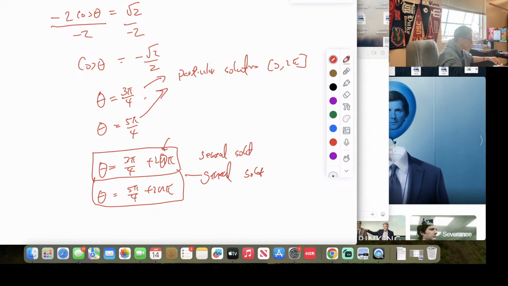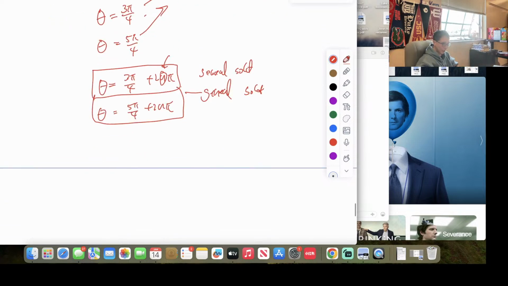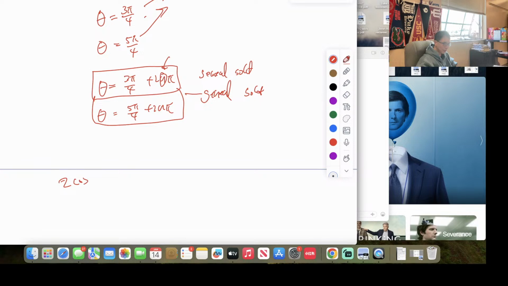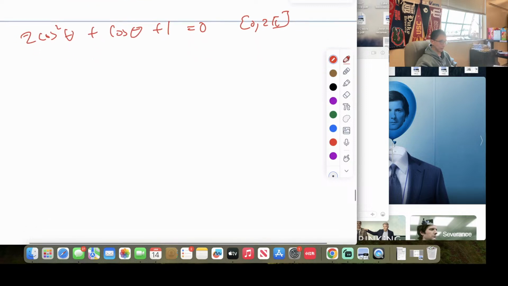So solving the equation right here, right? 2 cosine squared of theta plus cosine of theta plus 1 equal to 0, and I want it between 0 to 2 pi. Let me see if you can figure this out. Does that look familiar?